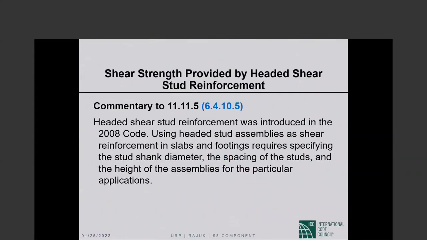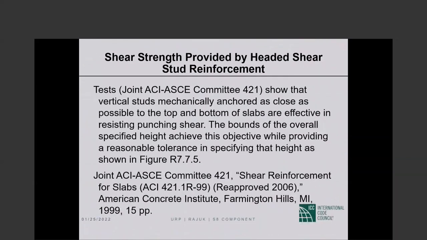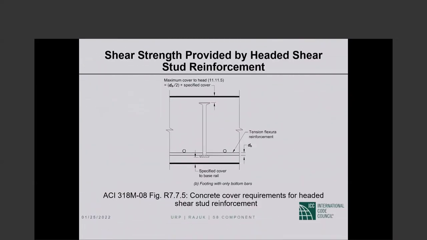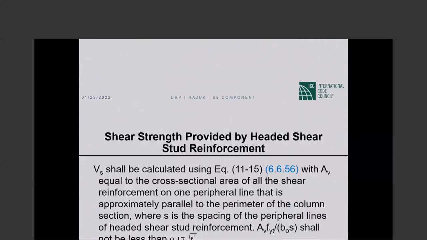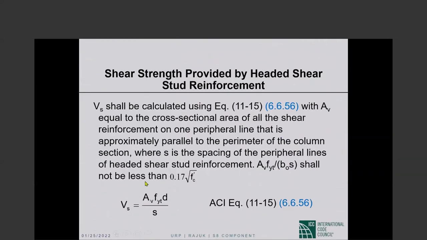That is in the equation, whatever the number was. Okay, so Av is the total area of those 8 legs. Take a look at the writing and you will see.